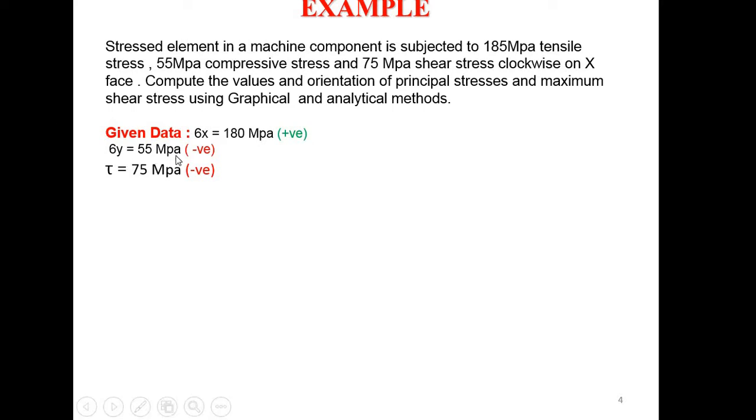Sigma y is 55 MPa, but the nature of that stress is compressive, so here we have taken it negative. Tau equal to minus 75 MPa, negative, because the 75 MPa shear stress is acting in a clockwise direction on the x face, means on a vertical face.